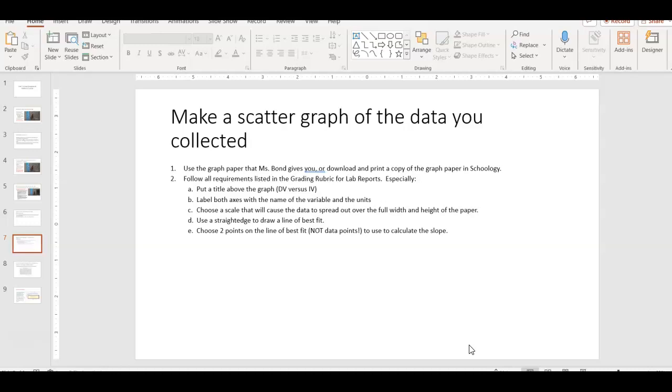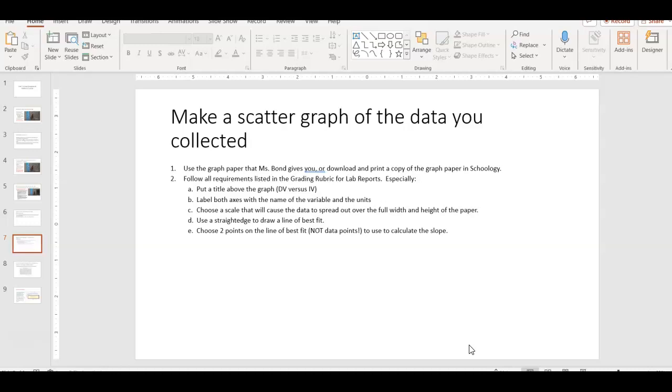So we will have some time to work on the graphs next class, but if you want to go ahead and start that, there is a folder with graph paper on the small desk, and there's also a PDF file of graph paper in the Schoology page. You could download and print that.